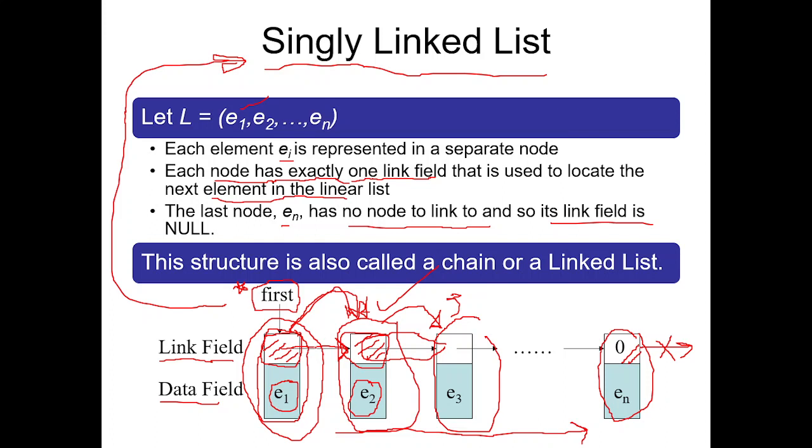These nodes are dynamically created. They are not created just like an array, where we create 100 nodes or 1000 nodes and then start storing different elements of the list. That is not the case. These nodes will be created at runtime. Whenever we insert a new element into the list, we'll create a new node that will store the new element, and we will then link it somewhere inside the linked list to the already existing nodes.